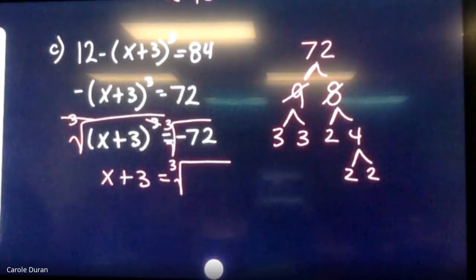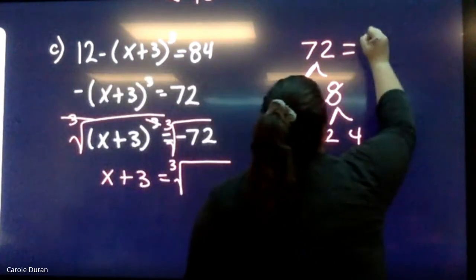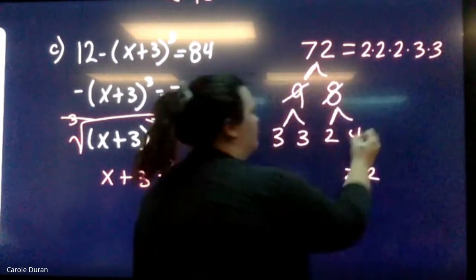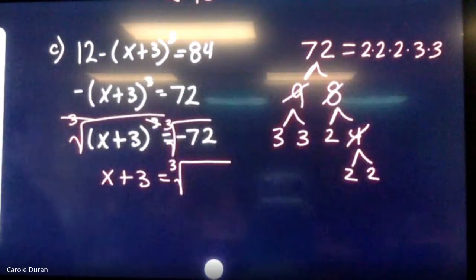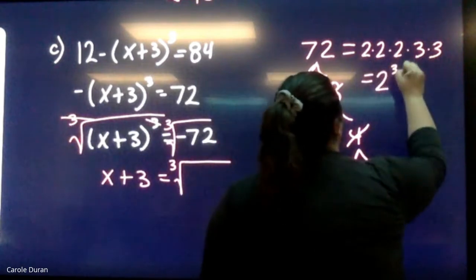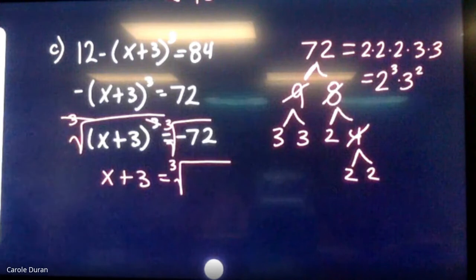So my prime factorization for 72 is 2 times 2 times 2 times 3 times 3. Of course, I can rewrite those using exponents instead of repeated numbers. So that is the same as 2 cubed, 3 squared. And that's what I'm going to replace the 72 with that is under the radical.